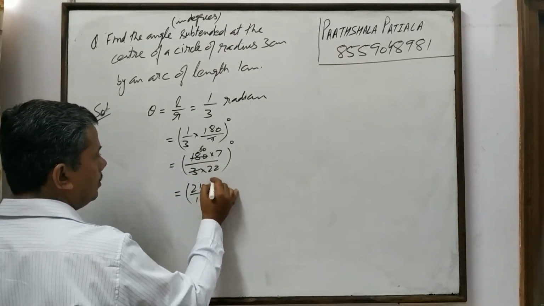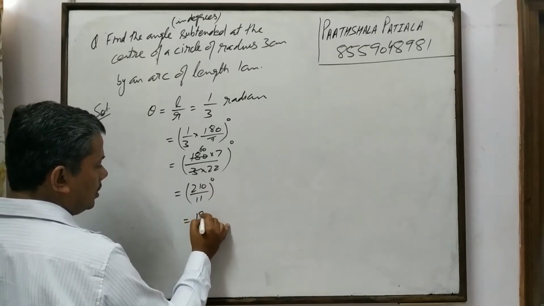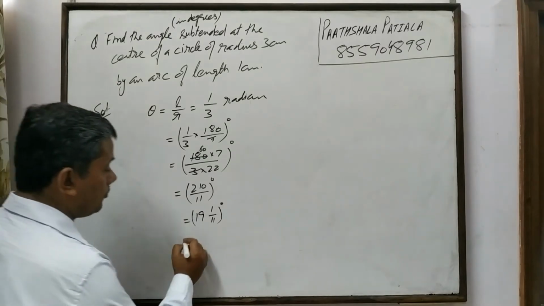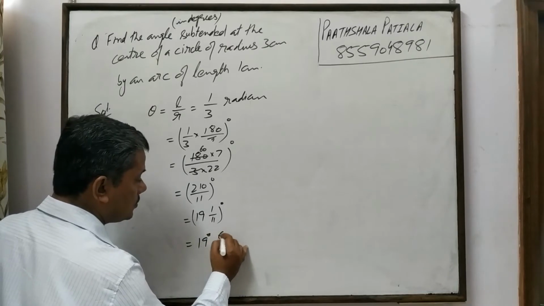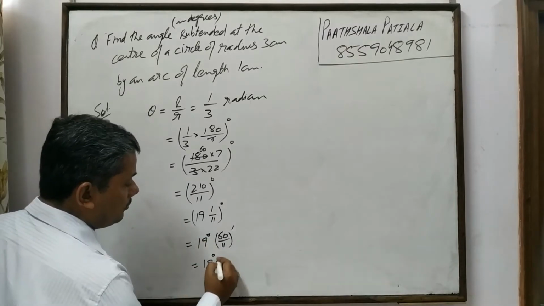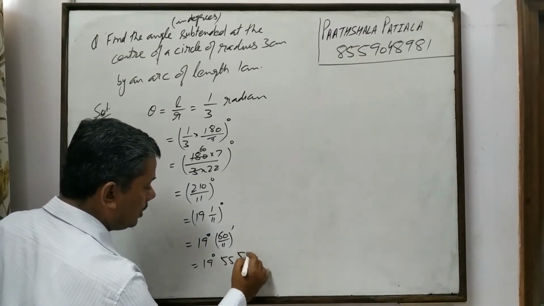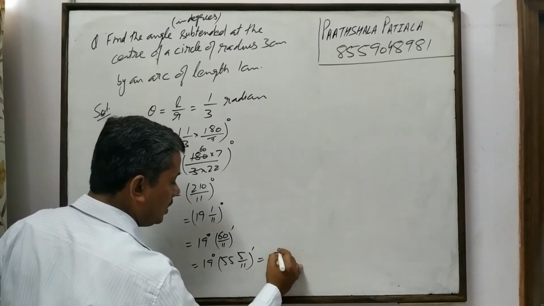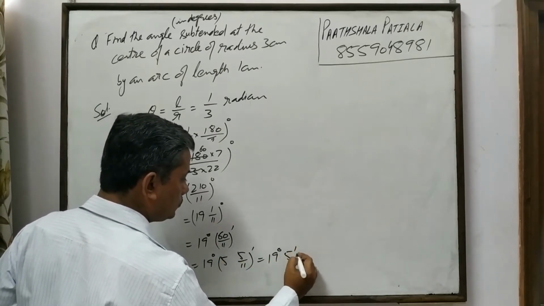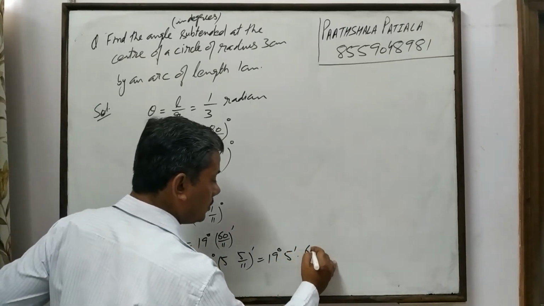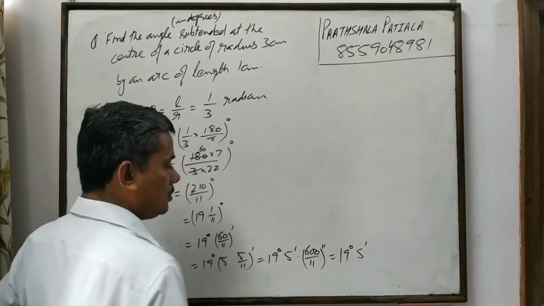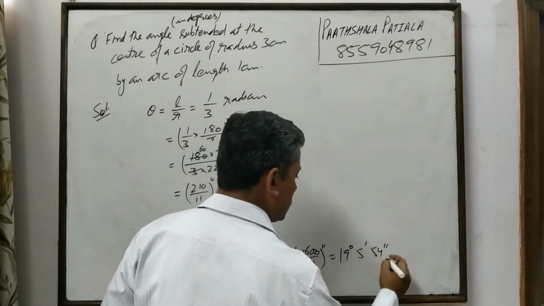210 by 11 degrees. This is 19 1 by 11 degrees, or you can say 19 degrees 60 by 11 minutes. Now 60 upon 11 is 5 by 11 minutes, which is 19 degrees 5 minutes, and 600 by 11 seconds, which is 19 degree 5 minutes 54 seconds approx.